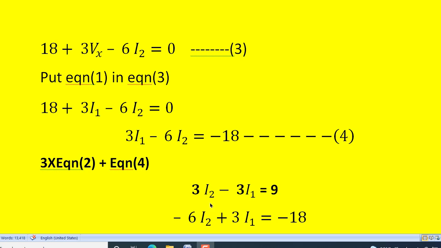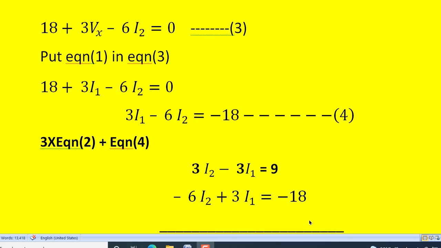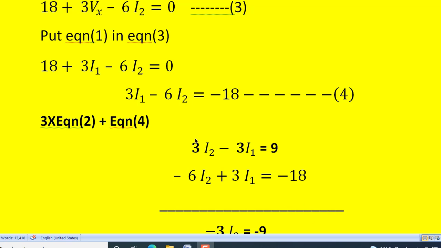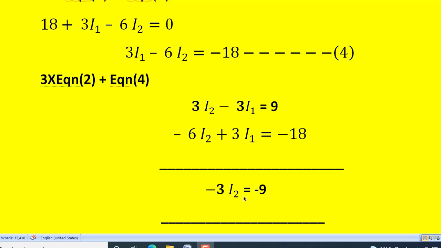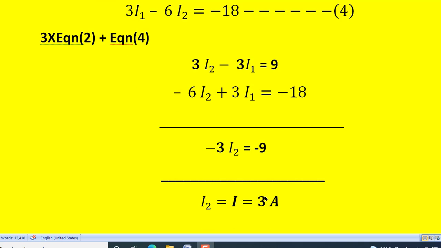So you bring this minus 6I2 here, then plus 3I1, you write like this, then equate that to minus 18. So now add these two. Once we add this, minus 3I1 plus 3I1 will get cancelled. Then we get minus 3I2 is equal to 9 minus 18 means we get minus 9.